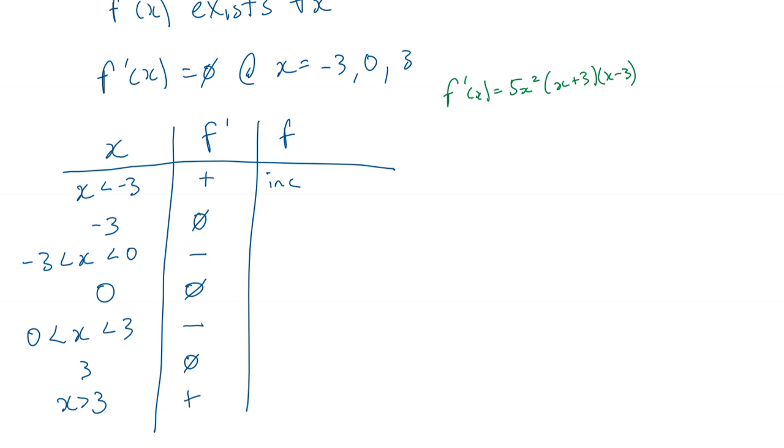So increasing, horizontal tangent line, decreasing, nope, whoops. Increasing, 0, decreasing is a turning point max.